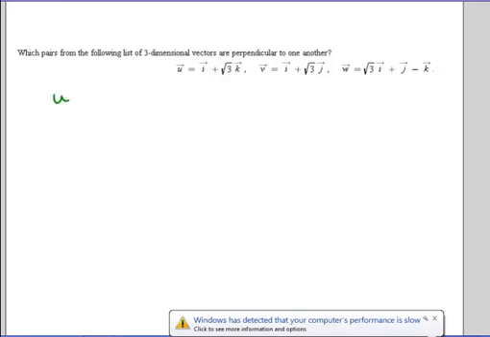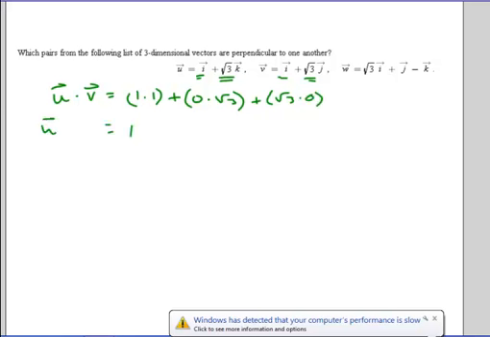So if we look at u dot v, using the algebraic method, it's 1 times 1 plus 0 times root 3 plus root 3 times 0. This equals 1, so u dot v equals 1. Therefore, they are not perpendicular because the dot product doesn't result in 0.